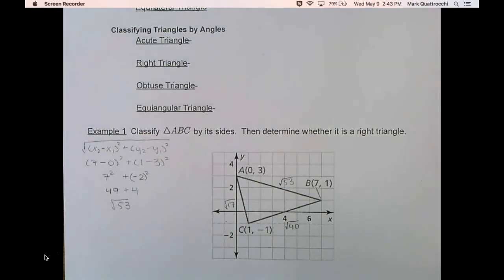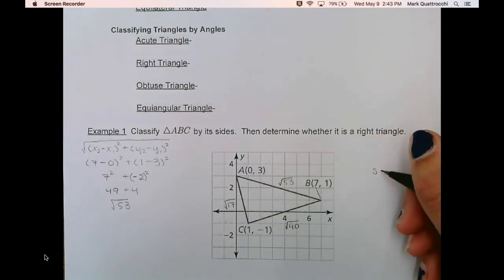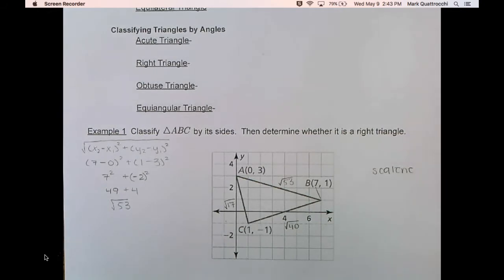So because all of the side lengths of the triangle are different, we can determine that this is a scalene triangle. And we can also determine that it is acute.